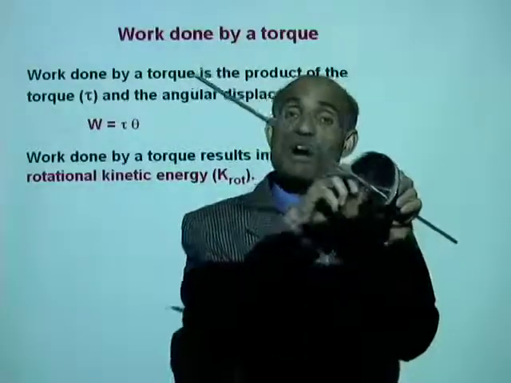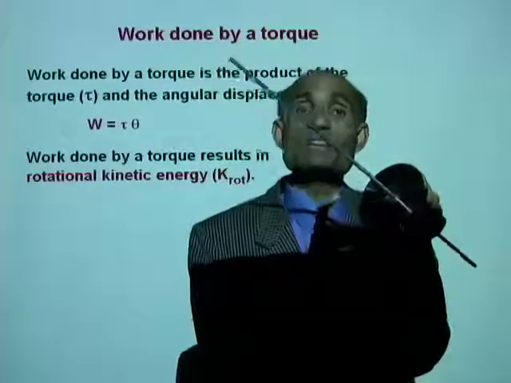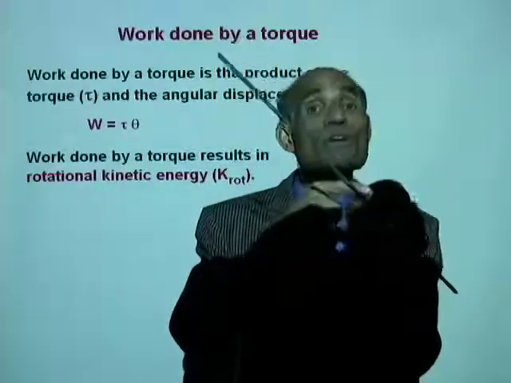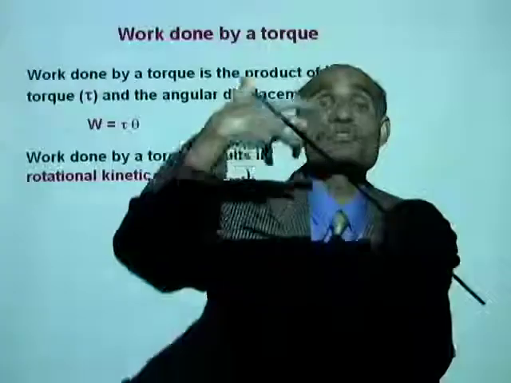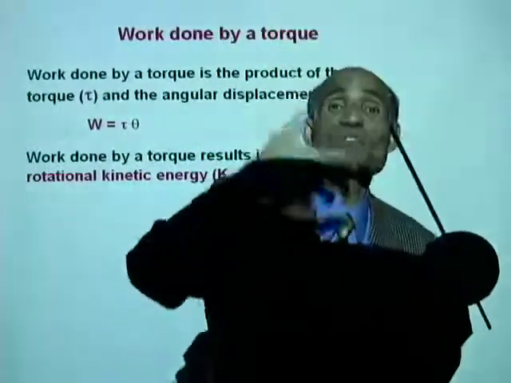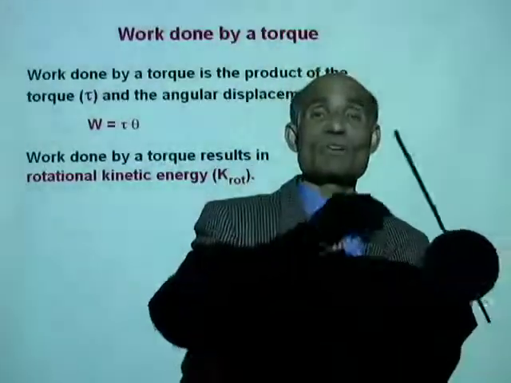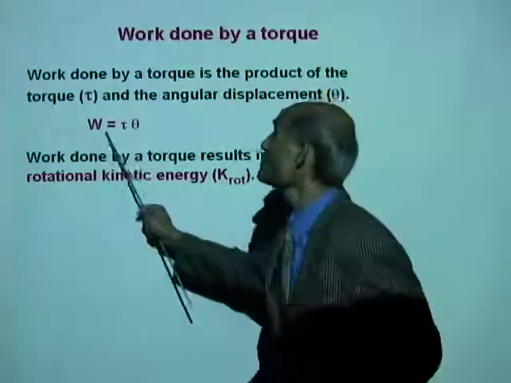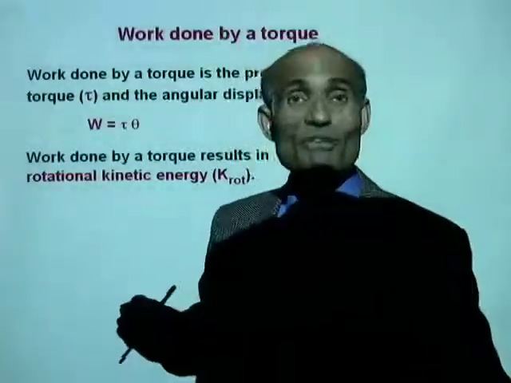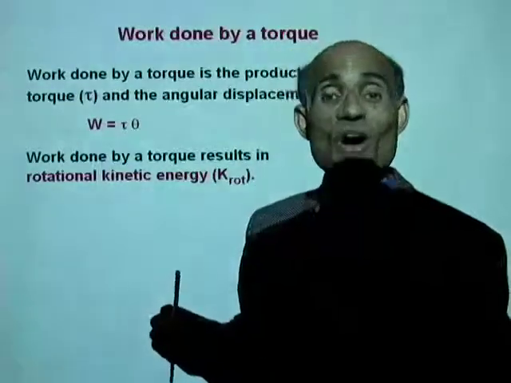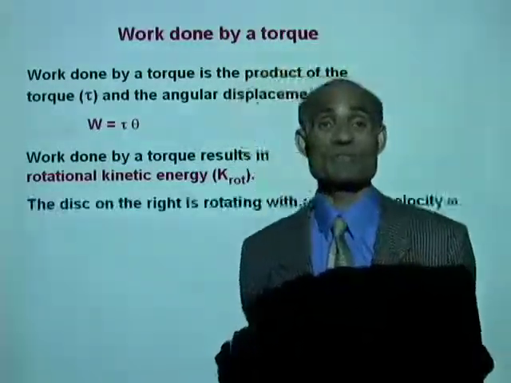The kinetic energy of a rotating disc is a measure of the work done to give it an angular displacement or an angular velocity. So this W equal to tau theta is a measure of the kinetic energy of the rotating disk.